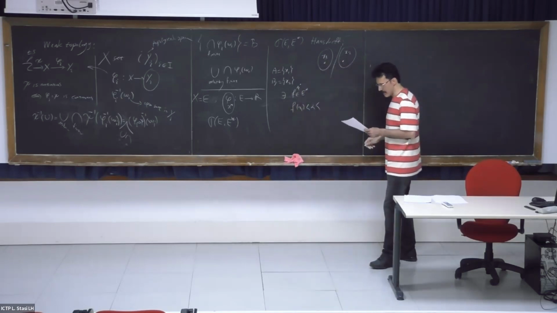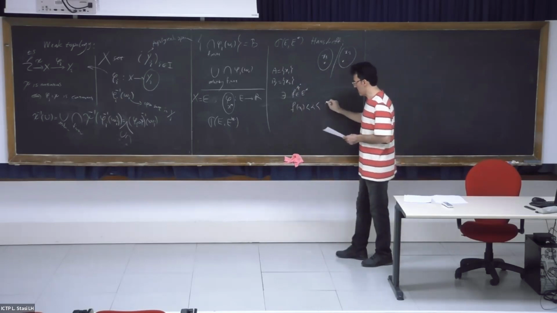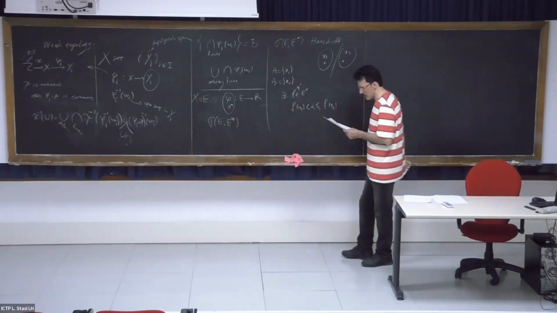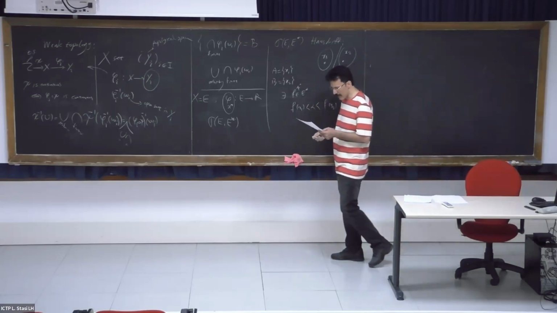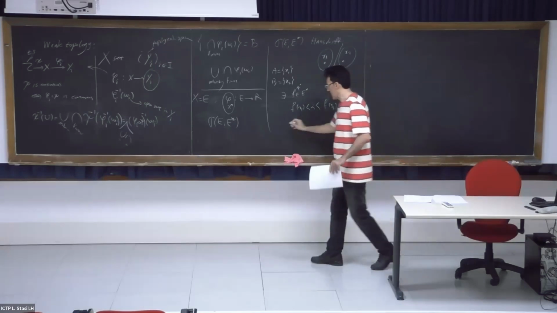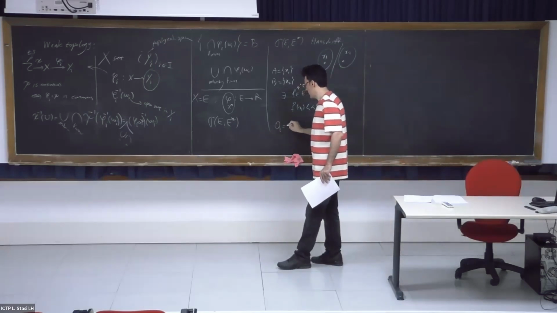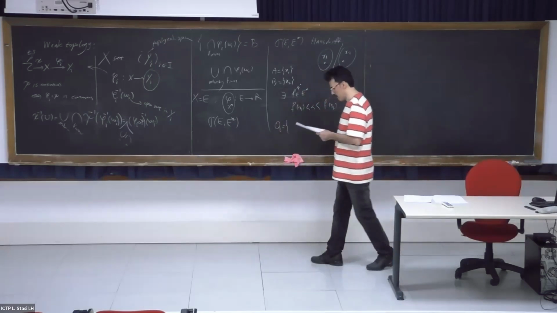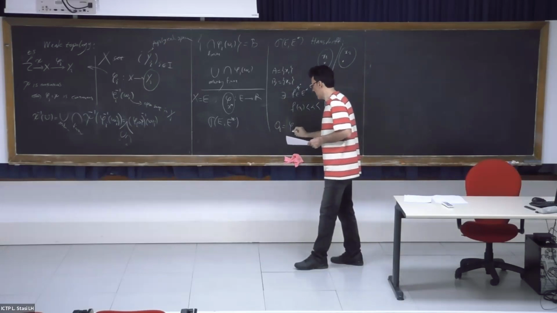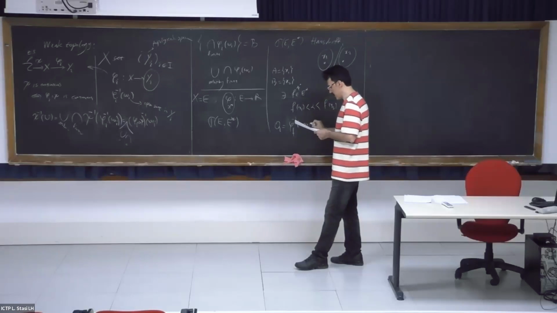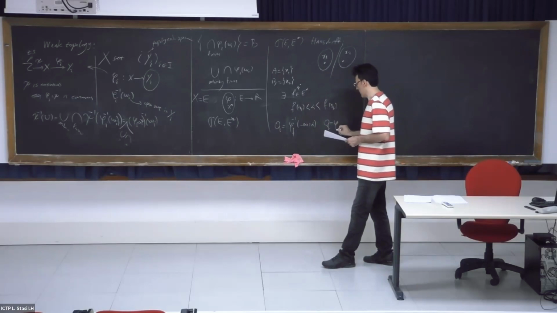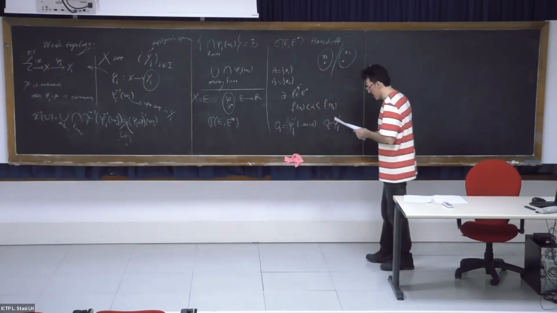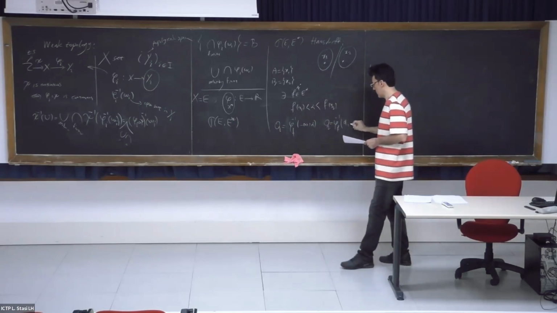They are indeed strictly separated because these single points are compact, and we may define O1, the first one, as phi f inverse of minus infinity to alpha, and O2 as phi f inverse of alpha to infinity.